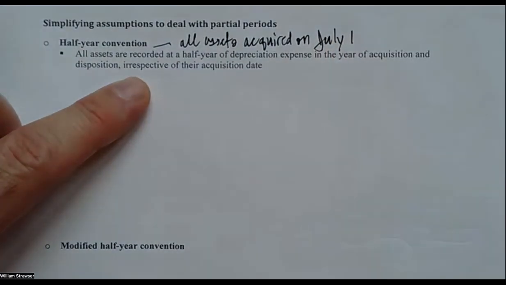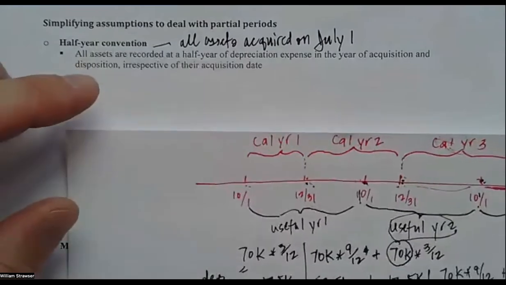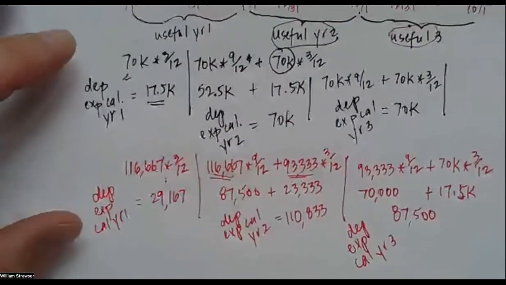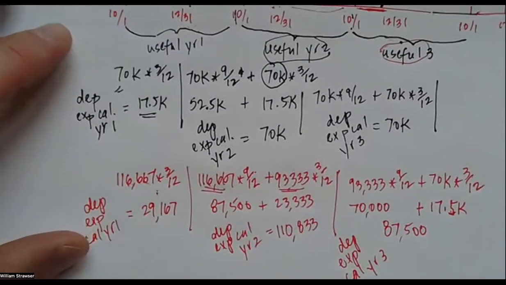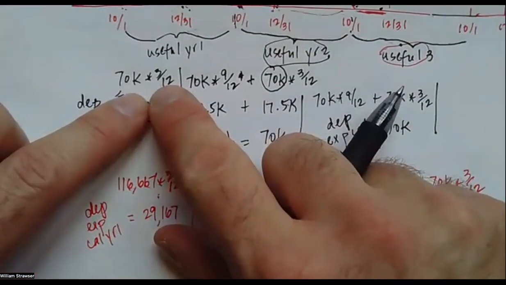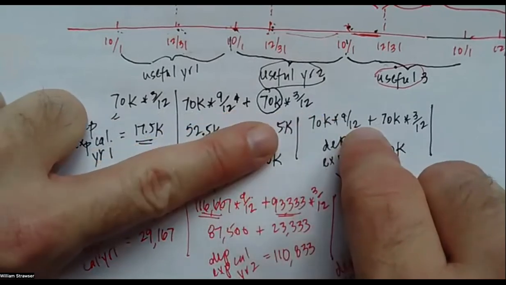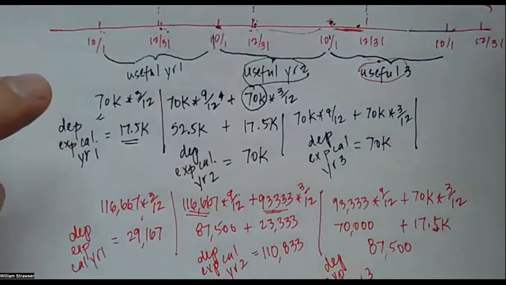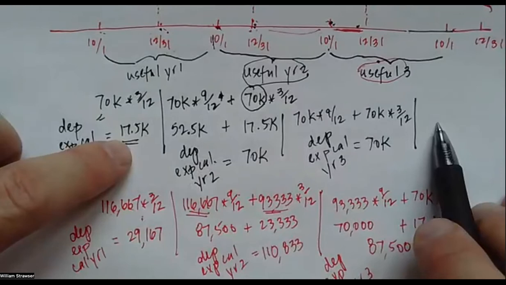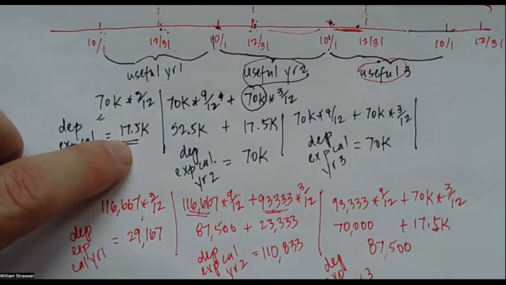And what that does is it eases the computation a bit, because instead of having to worry about 3/12 and then 9/12 and then 3/12 and then 9/12, all of those turn into 6/12, right?